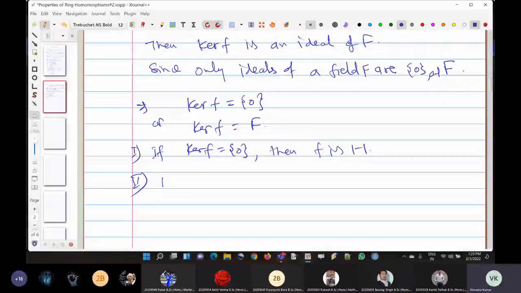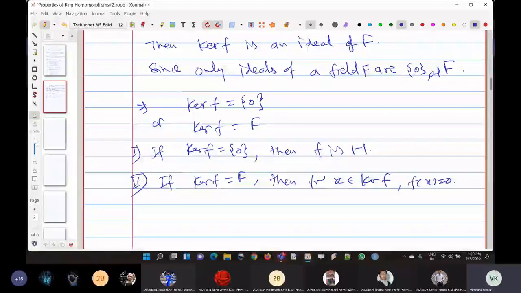And second, if the kernel of f is capital F, then what can you say? If the kernel of f is capital F, then for x belongs to the kernel of f, f(x) equals 0 for all x.